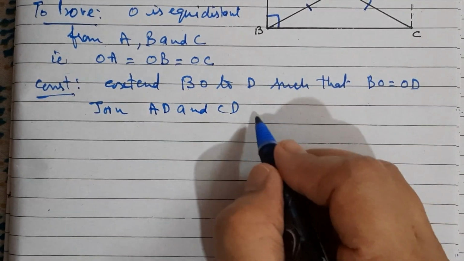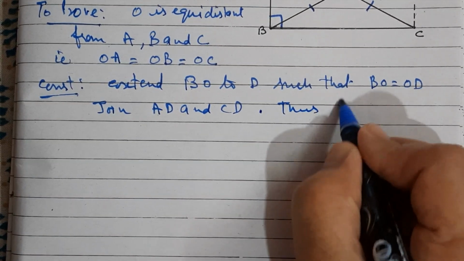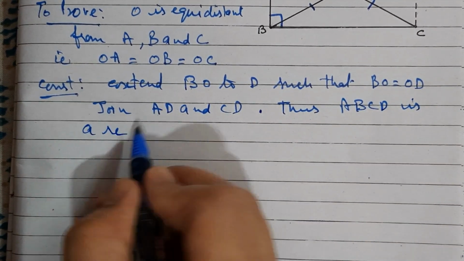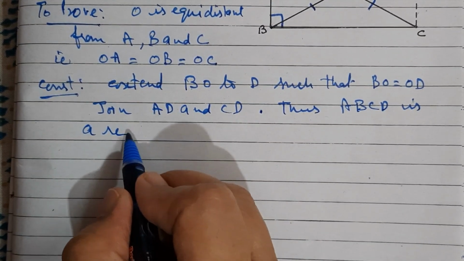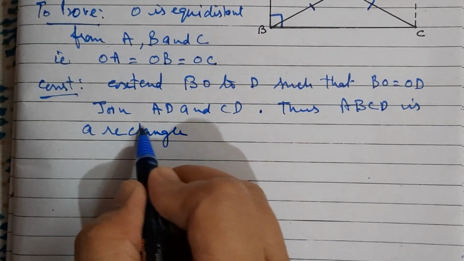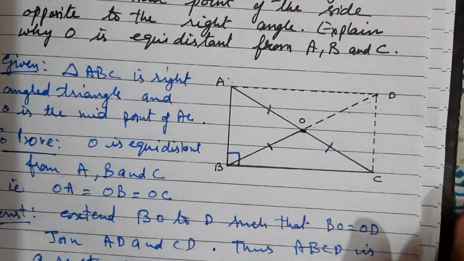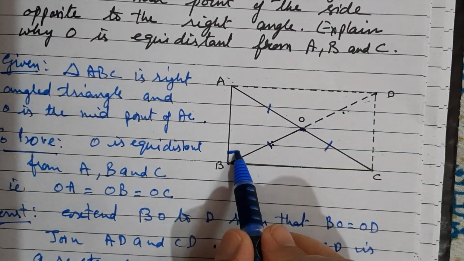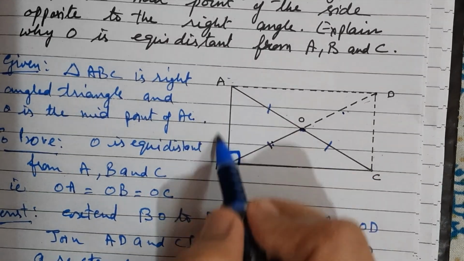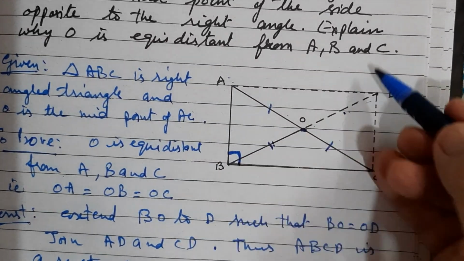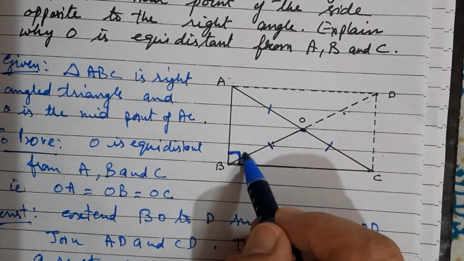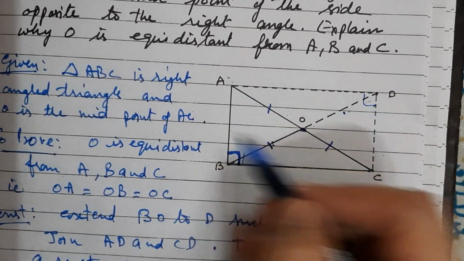So after doing this, thus ABCD is a rectangle. Then the figure which we are getting is a rectangle, because this length is equal to this length and the angle is given as 90 degree. So this right angle triangle, through construction, opposite is also right angle triangle. So if one angle is 90, all other angles will also be 90.